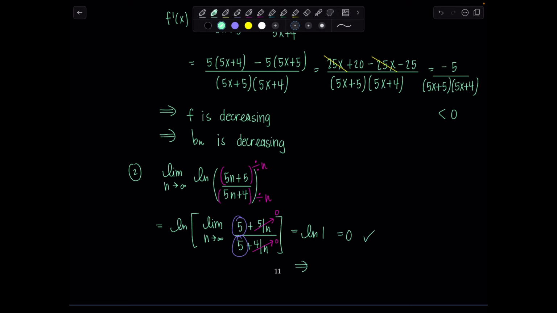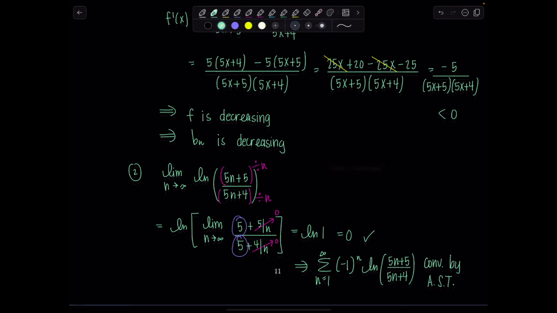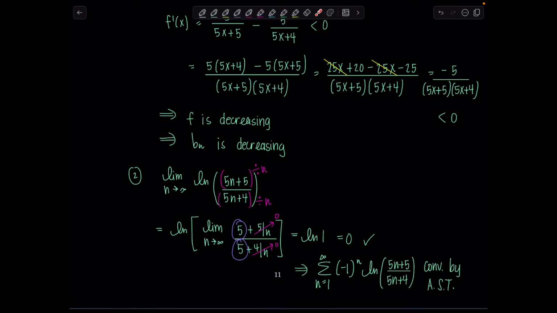So this tells me the sum, n equals 1 to infinity, of negative 1 to the n, natural log of (5n plus 5) over (5n plus 4), this guy converges by the alternating series test. Woohoo!